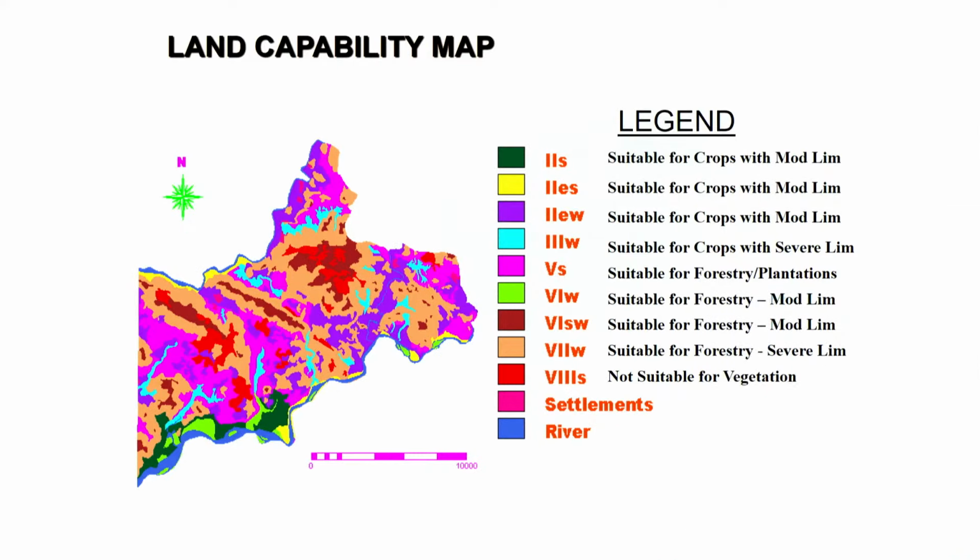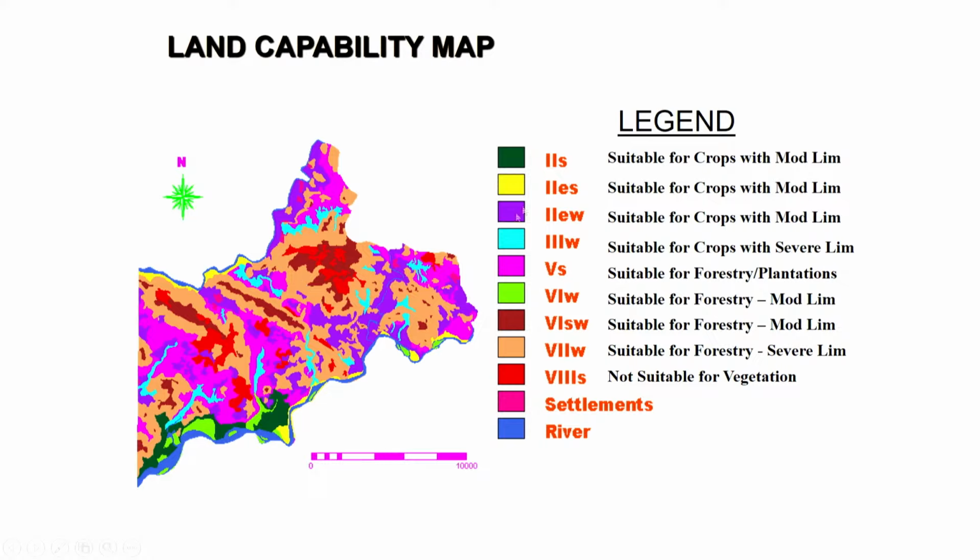For example, here a soil map has been converted into a land capability map, with the land capability classes and subclasses given. The majority is class 7, under the light brown color, and this land is suitable only for forest, with moderate limitation.